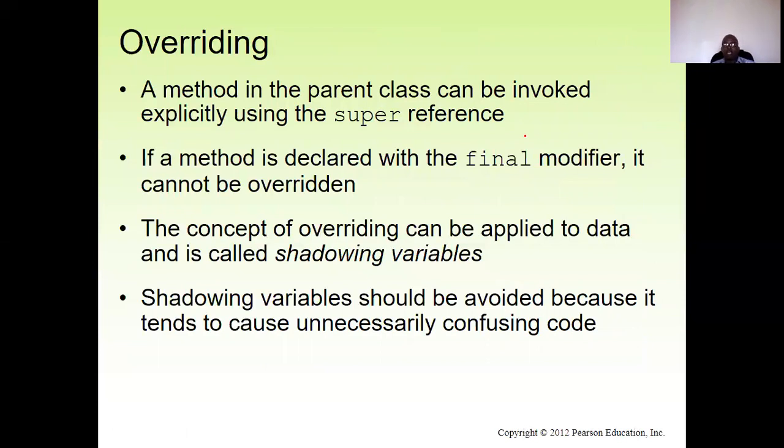A method in the parent class can be invoked using the super reference, but not if you use the final modifier. And that's a way of forcing all classes that inherit from the parent to use the one in the parent. Let's say, for example, in a banking situation, we have a tax rate, calculate tax, right? And calculation of tax is always going to be multiplied by the percentage that the government indicates.